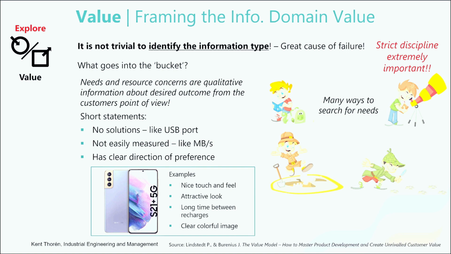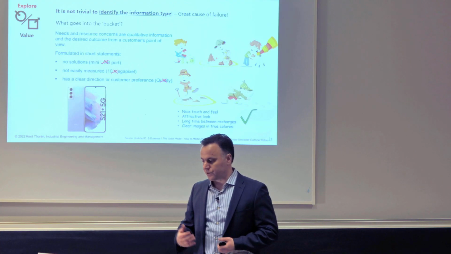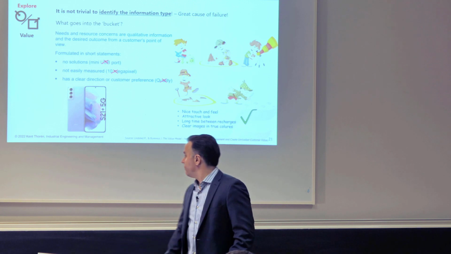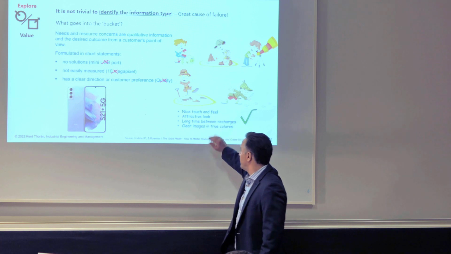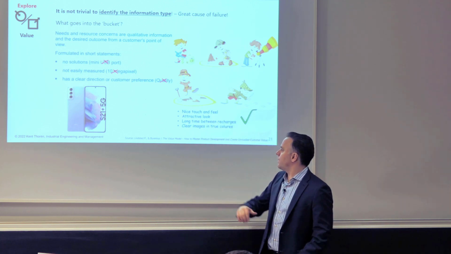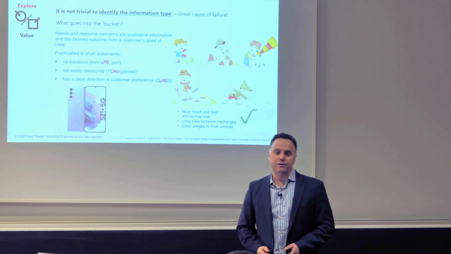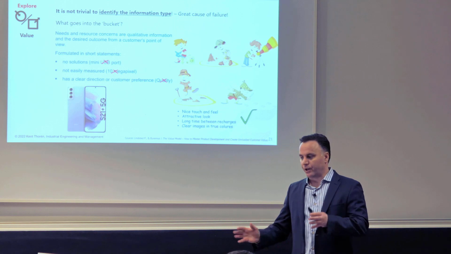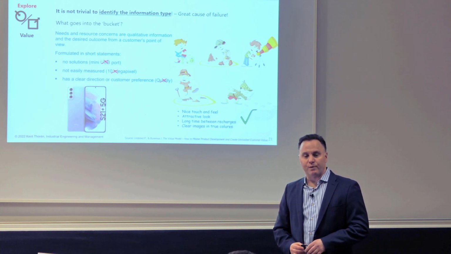So it's not about saying, let's decide the size of the screen. It's more about understanding the things they try to do. So maybe things like this: nice touch and feel, attractive look, long time between recharges, clear image in true colors on the screen. These would be good need statements that you can put in the bucket of useful information from this domain.